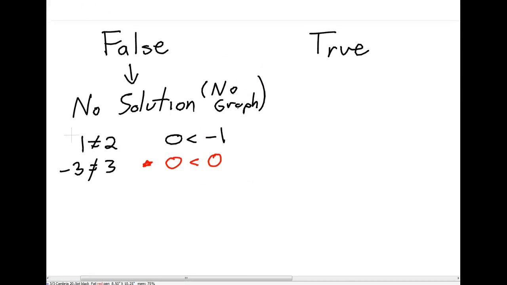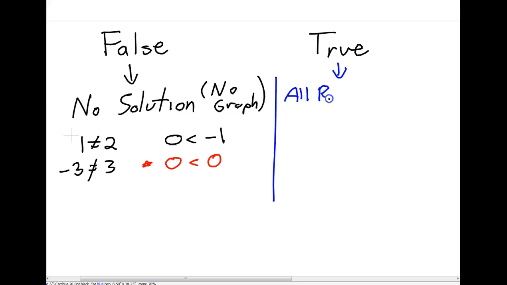Okay. Another example. Infinite or true would be the infinite or all real solutions. So we have all real solutions, or infinite.